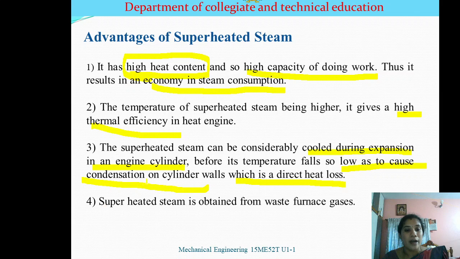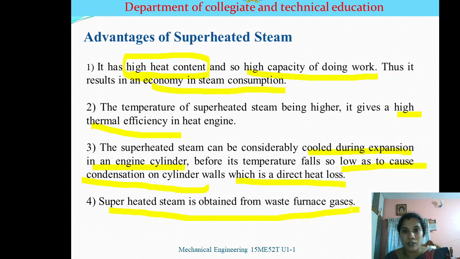And one more thing, this superheated steam is obtained from the waste furnace gases. Once the dry steam is obtained, further heating of the steam will be carried out by using the furnace gases. The outlet of the furnace gases will be connected to the boilers. So these waste gases will be used to produce the superheated steam.